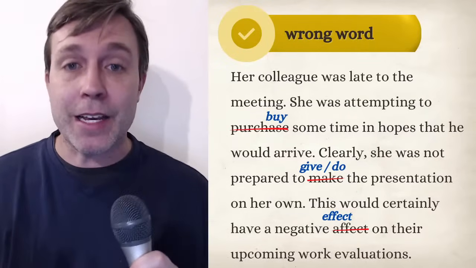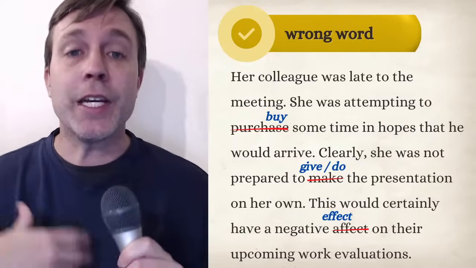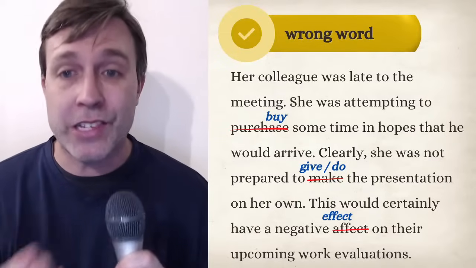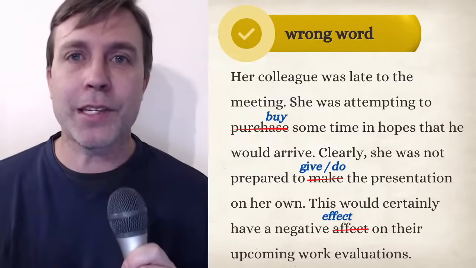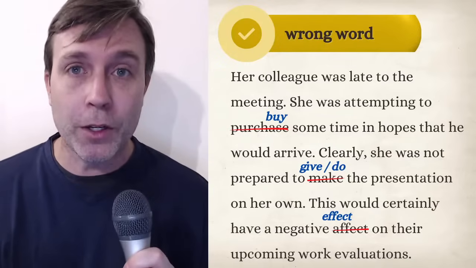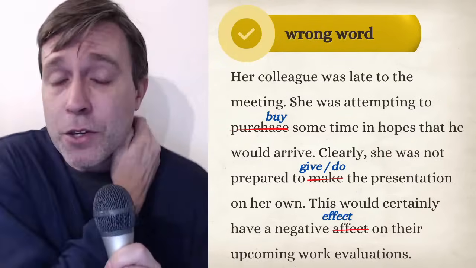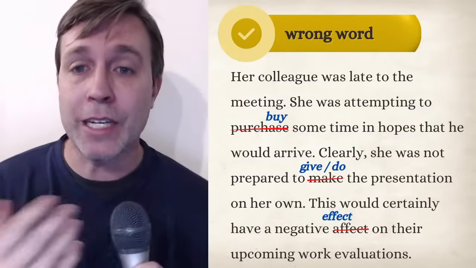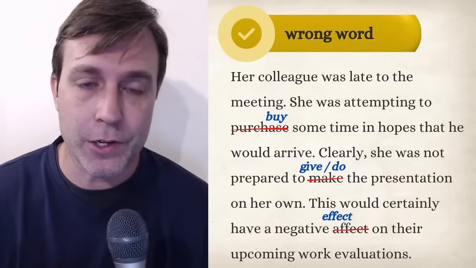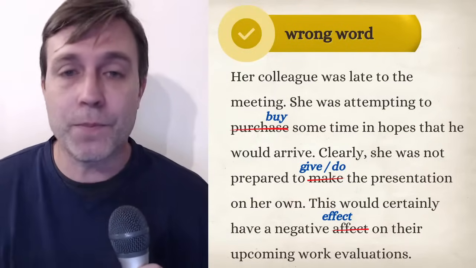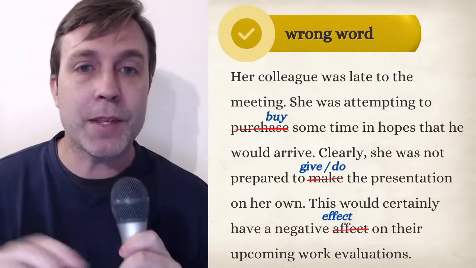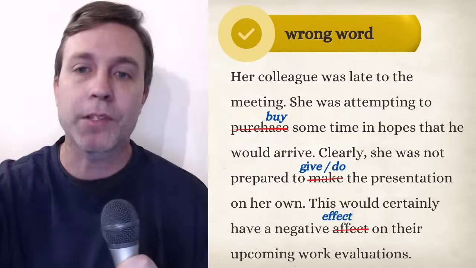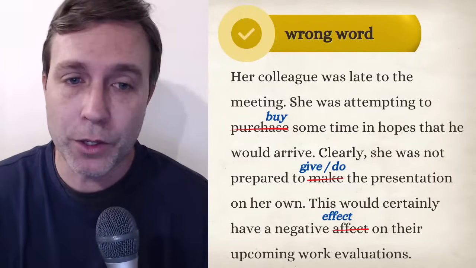I think it's obvious that in this case, they have to give the presentation. They are presenting. So I would say that give is preferable in this context, but you as well. Prepared to give the presentation or do the presentation. And again, it makes sense why some of these simple mistakes are made when it comes to these collocations. It can be a little confusing.